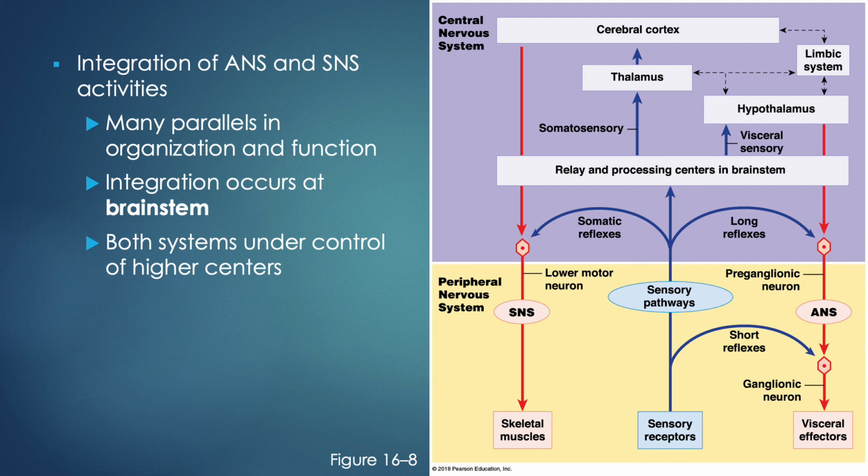So the brainstem is the integration center of both the autonomic nervous system and the somatic nervous system. After that, we have a number of different components of our central nervous system that will be involved, such as our thalamus, our limbic system, our hypothalamus, and most notably our cerebral cortex. But please take away from this image that our integration is occurring at the level of the brainstem, and this is the largest component in this schematic, trying to illustrate that very point.